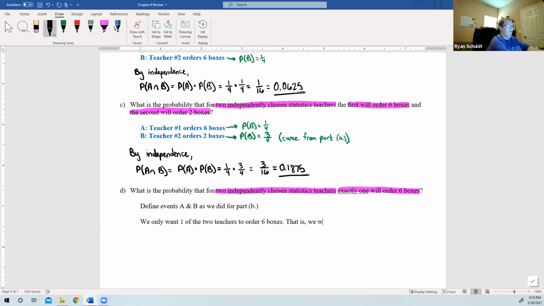That is, we want, so what is it that we want? Well, let me make this in our commentary color here, bold and blue. That is, we want A, let's say A gets 6 boxes. We want A and not B, or we want not A, but then B gets it.